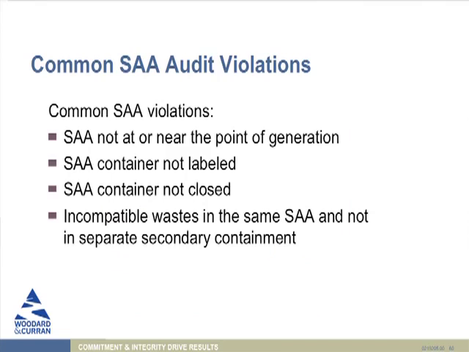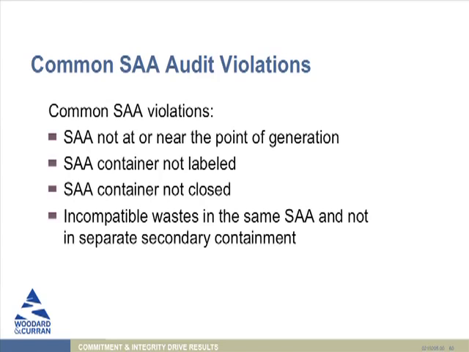These are some common violations. And the question came up before, do you need secondary containment for a satellite accumulation area? There is no specific requirement that says you must have secondary containment in a satellite accumulation area. But what you must do is make sure that incompatible wastes are separated.